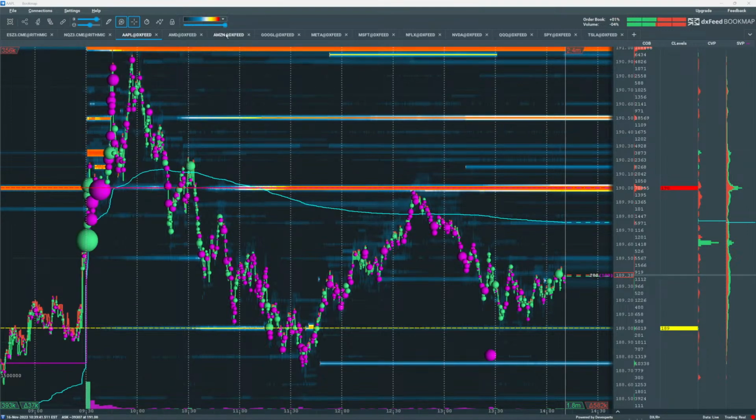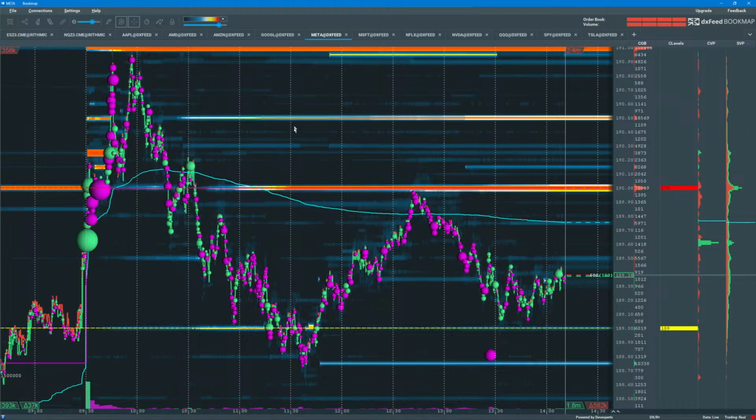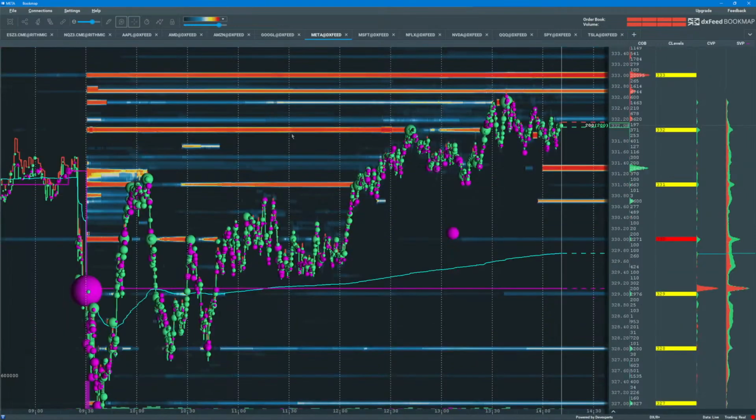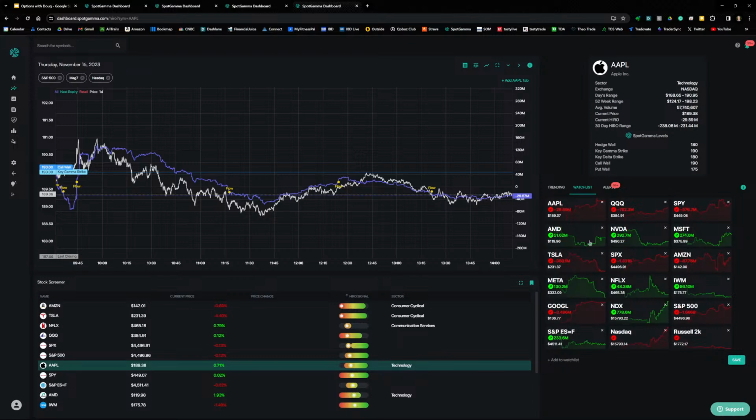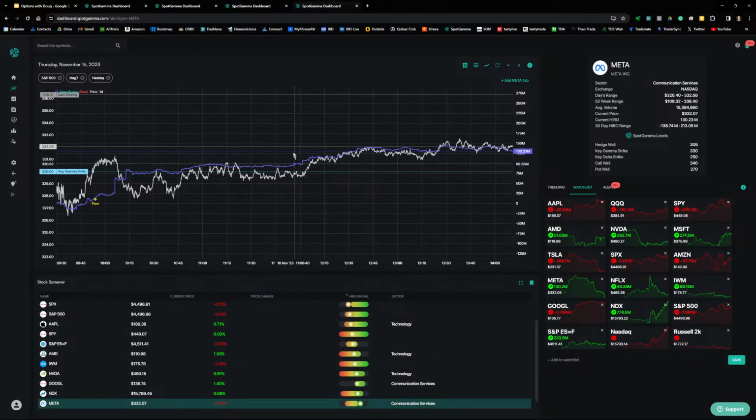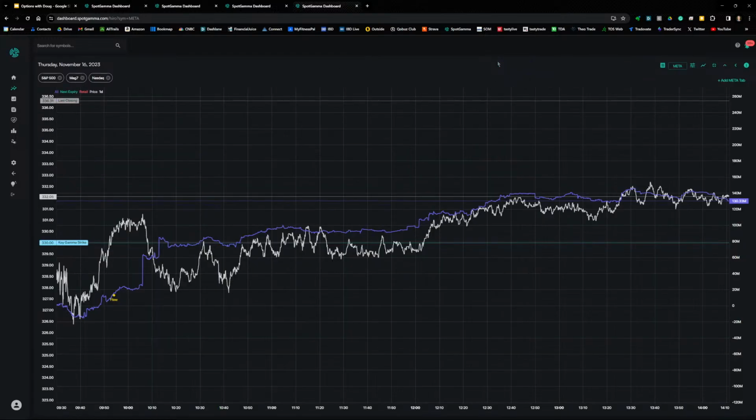Let's take a look at Meta. Bullish day in Meta. Let's go take a look at Hero. Note 330 is the key gamma strike for Meta. Let's zoom in.